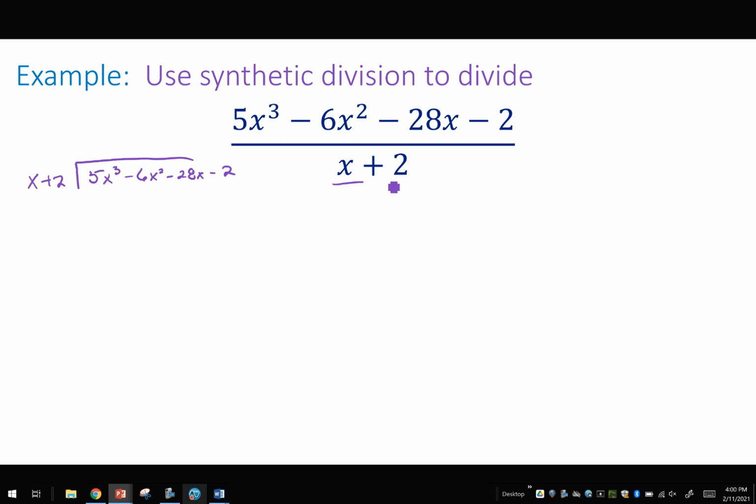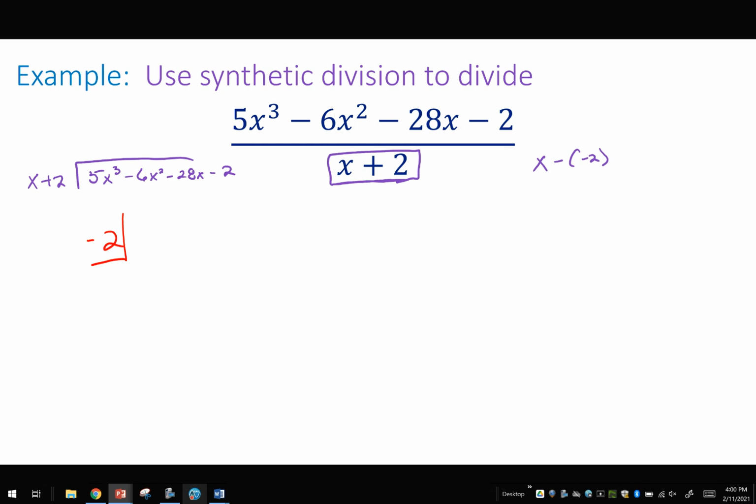So this right here, x plus 2, remember we're looking for that x minus k value. So really x plus 2 is really x minus a negative 2. So I'm going to put negative 2 up here in my press box.